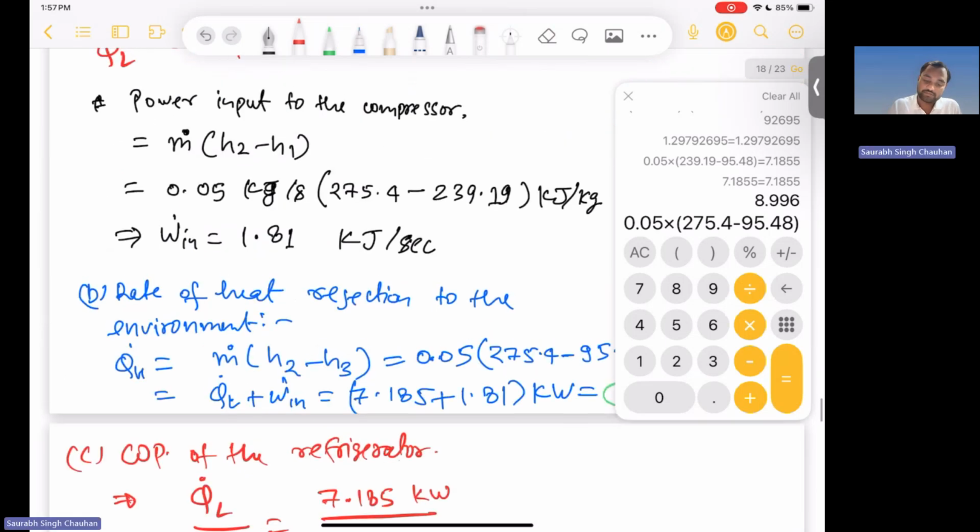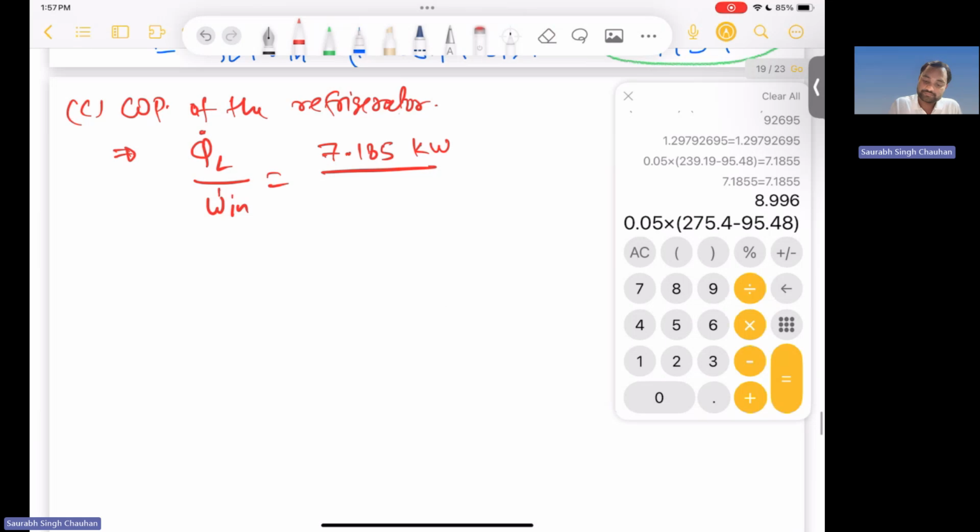And how much work input? 1.81. This is 3.97. Okay, so this is COP.